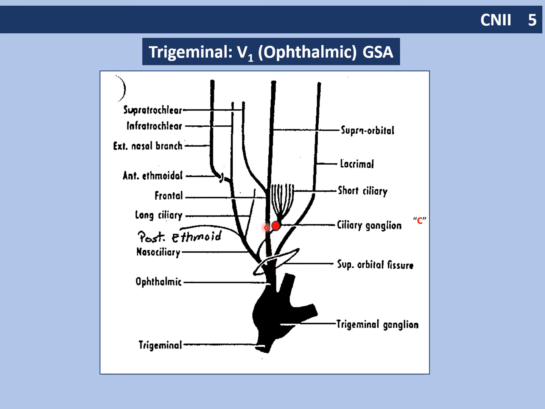Also off the ophthalmic is the frontal nerve, which gives us supraorbital and supratrochlear nerves, where you can expect that the supratrochlear nerve will be close to that pulley, or trochlea, that redirects the pull of the superior oblique muscle. The nasociliary is shown here with the ciliary ganglion, one of those four parasympathetic ganglia that are associated with the head.